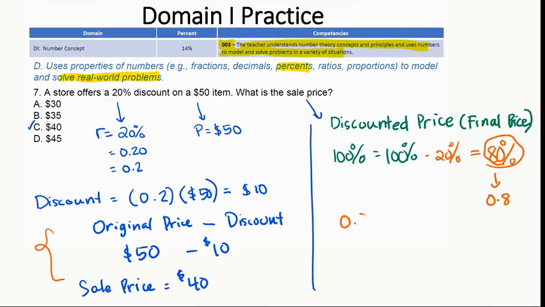So 0.8 times, what's that, $50? So my answer goes directly to the discounted price. Okay, you know what I'm saying? I can do it that way without using these steps here. Because we did this step, then we subtract, and then we get to this.